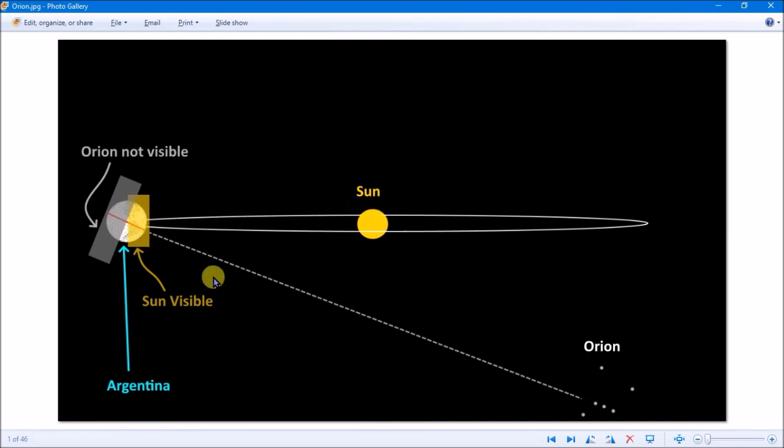Orion is perpendicular on the equator. So we have this yellow patch here is daylight. This gray patch here is not seeing Orion. And nobody can see Orion without seeing the sun or without having daylight.